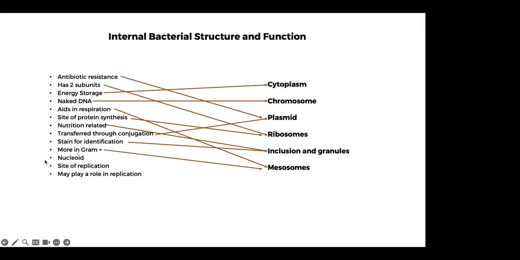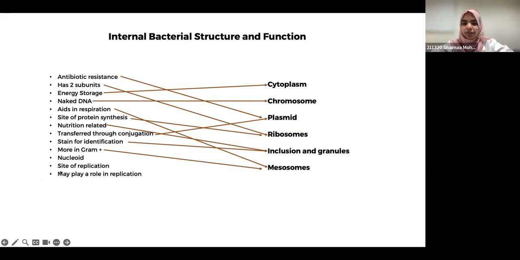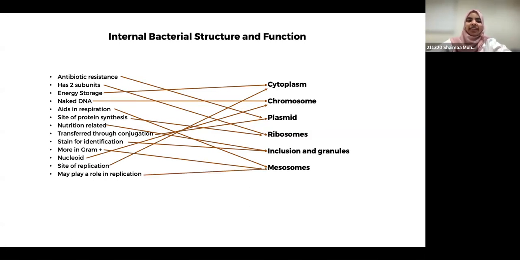And which one can also be called a nucleoid? Chromosome, yeah. It's not a nucleus because there are no membrane-bound organelles. Which one is the site of replication? Cytoplasm, perfect. And the last one, may play a role in replication: mesosomes, perfect. So this is for the internal bacterial structure and function.